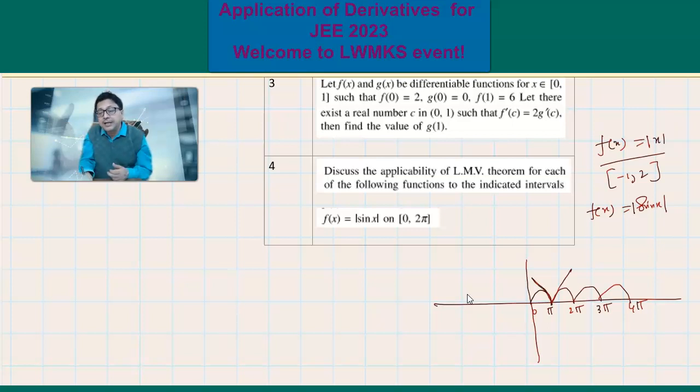So the function has a kink at those points where it is equal to 0, at 2 pi, 3 pi, 4 pi, 5 pi, wherever you see. They asked you to find in the interval 0, 2 pi. This pi is lying in this interval where the function is continuous but not differentiable.